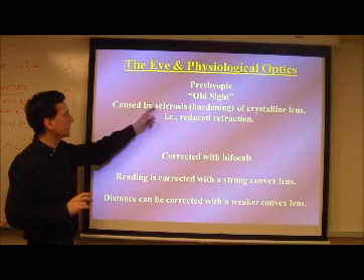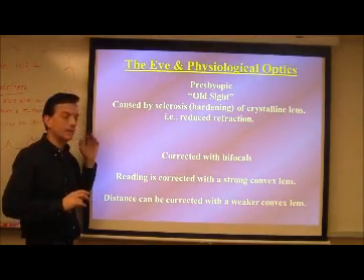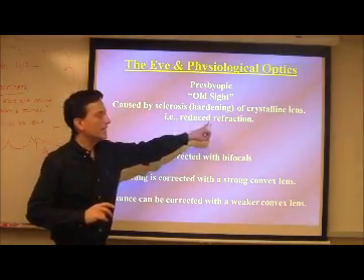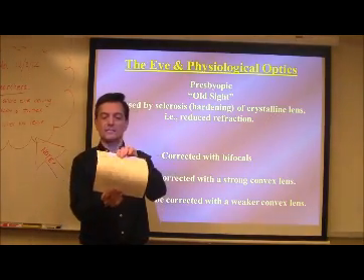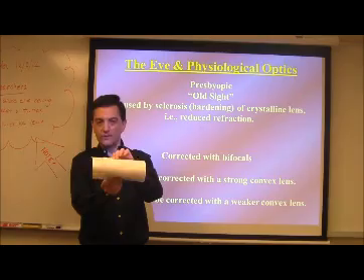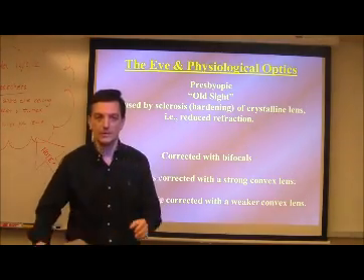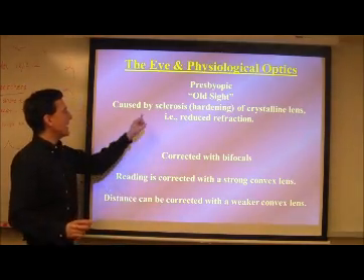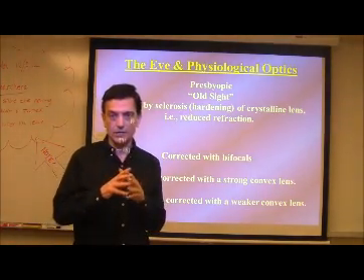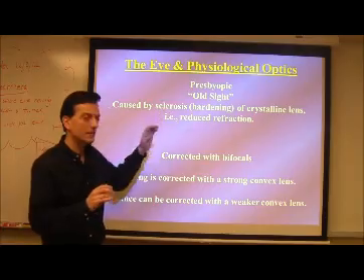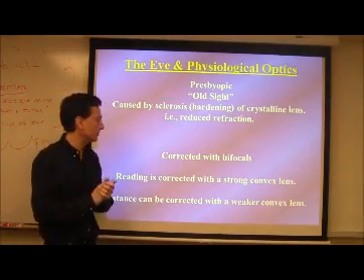It's caused by sclerosis or hardening of the crystalline lens, a reduction in the refractive flexibility that we have. So maybe the lens starts to harden and we don't get the full range that we used to when we were a little bit younger. Okay? So we can think of this as a form of sclerosis. Some of you know about atherosclerosis or hardening of arteries. This would be a hardening of the lens, making it a little bit less flexible.